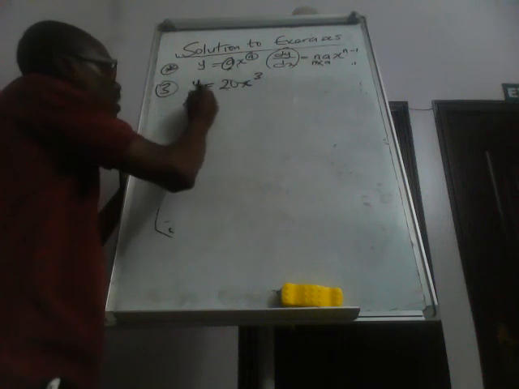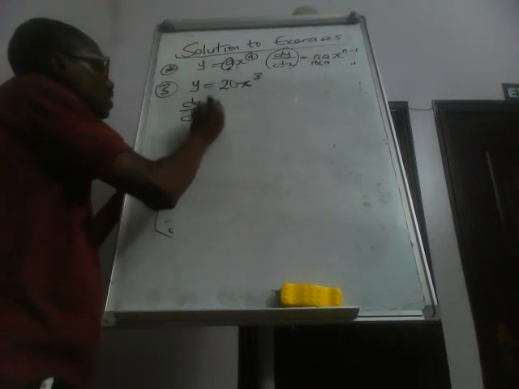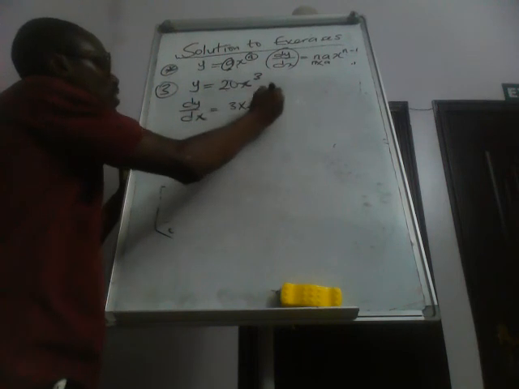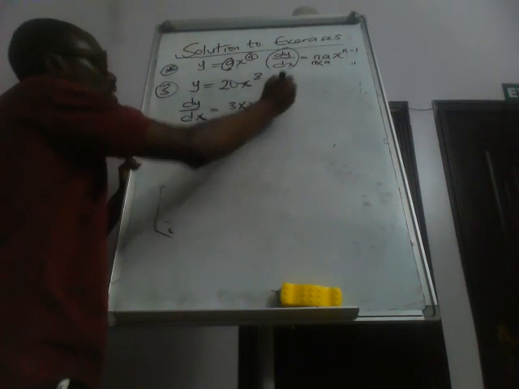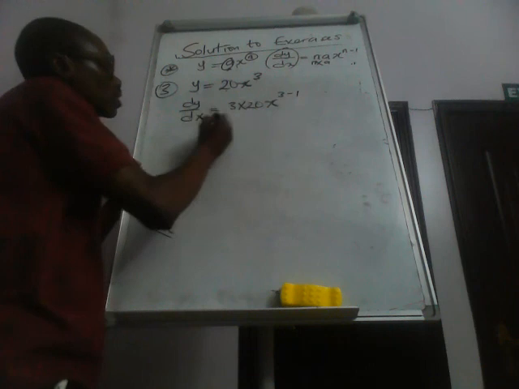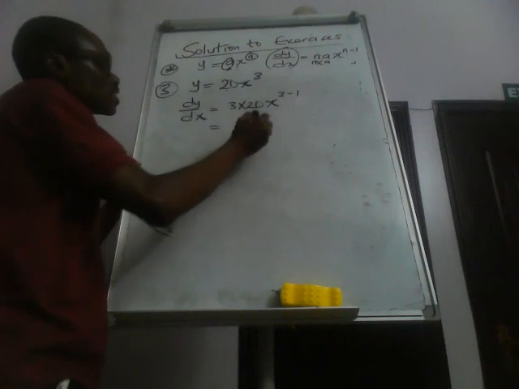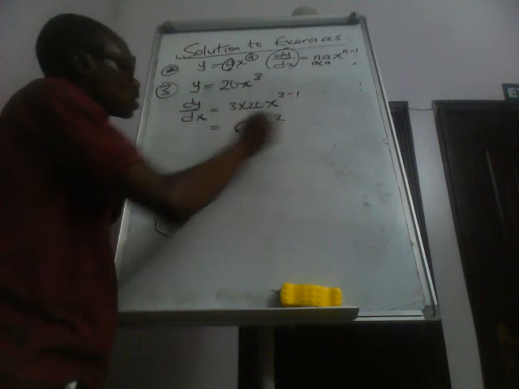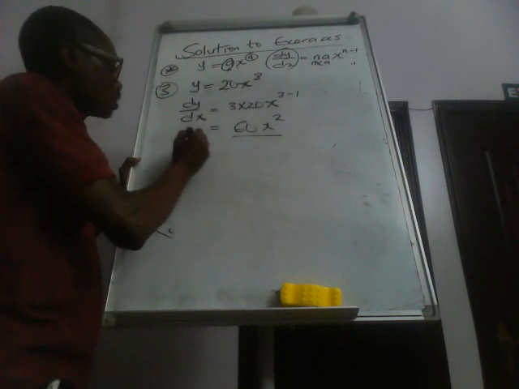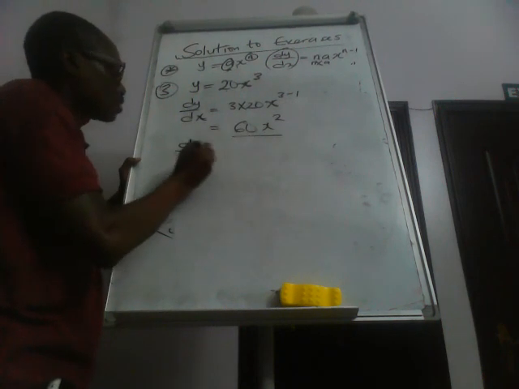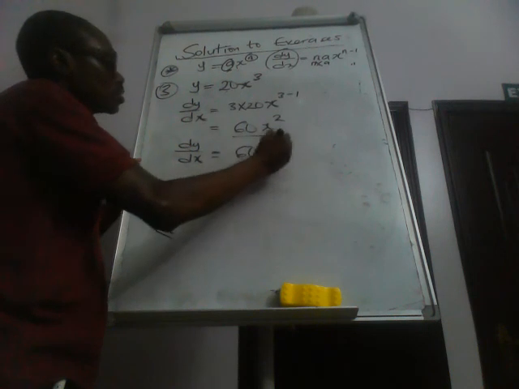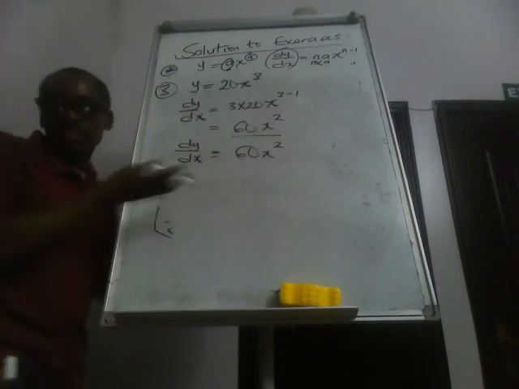So the dy/dx here is the same as 3 times 20, then x raised to power 3 minus 1. 3 times 20 is 60. 3 minus 1 is 2. So dy/dx is equals to 60x raised to power 2. This is the fourth one.